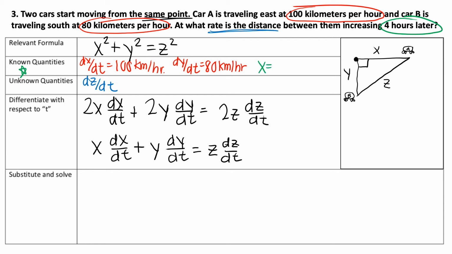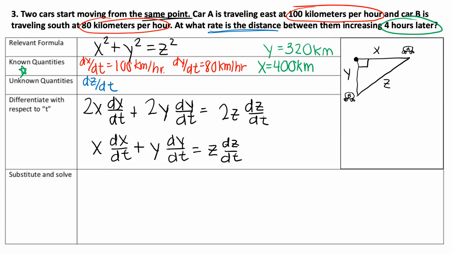So our x value is going to be 400 kilometers, just a basic 100 times 4. And same idea, car B is moving at 80 kilometers per hour. 4 hours later, car B would have gone 320 kilometers. So our y value, I'm running out of room here, would be 320 kilometers.